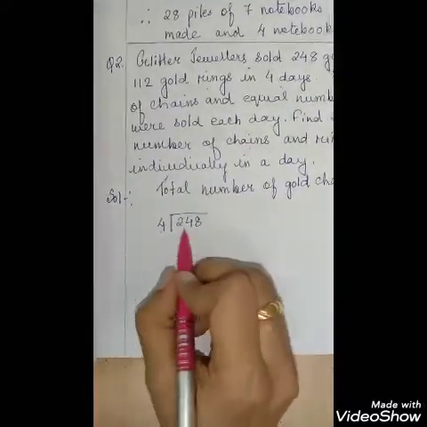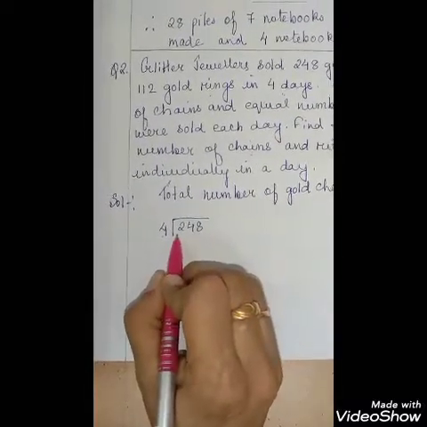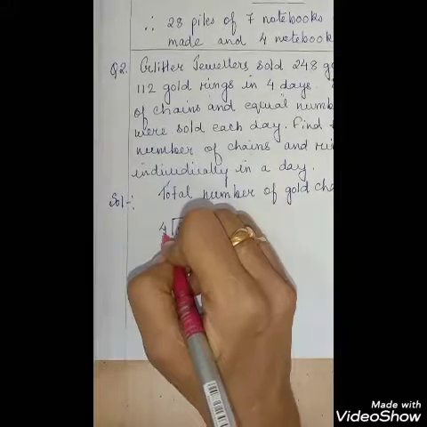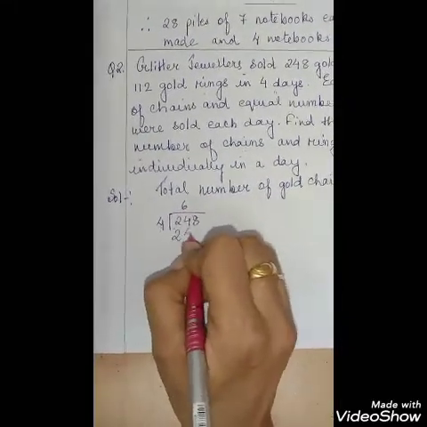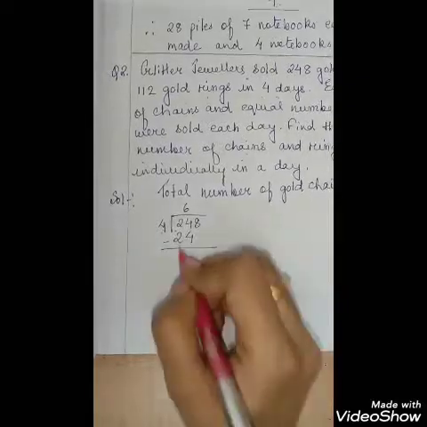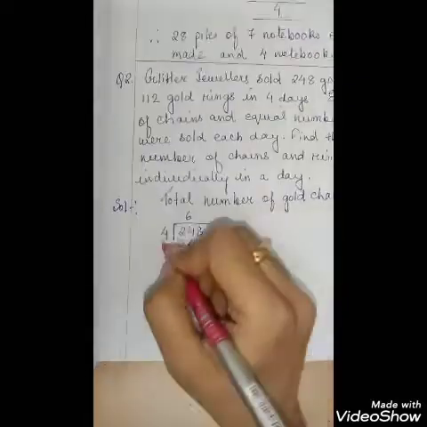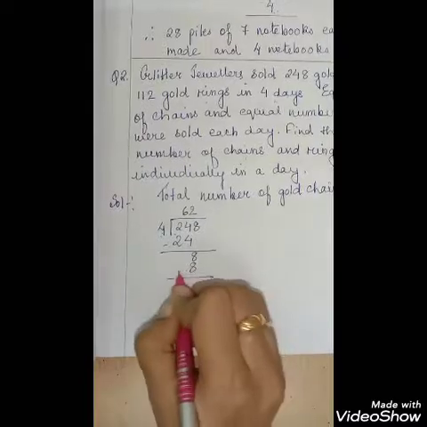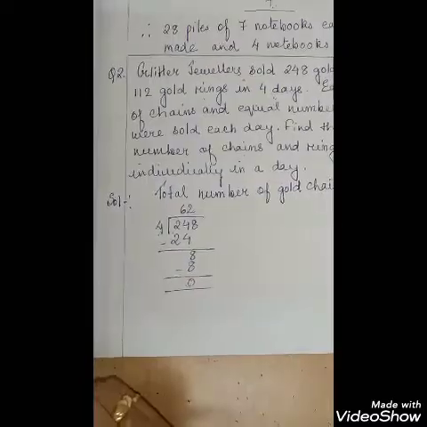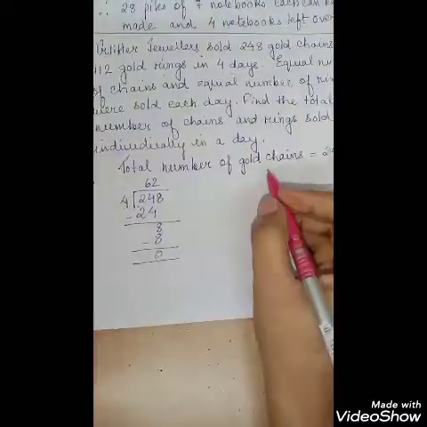First we take the first 2 digits, 24. 4 how many times goes in 24? 6 times. 4 6 times is 24. Subtract it. Bring down 8. How many times 4 goes in 8? 2 times. 4 2 is 8. Remainder 0.